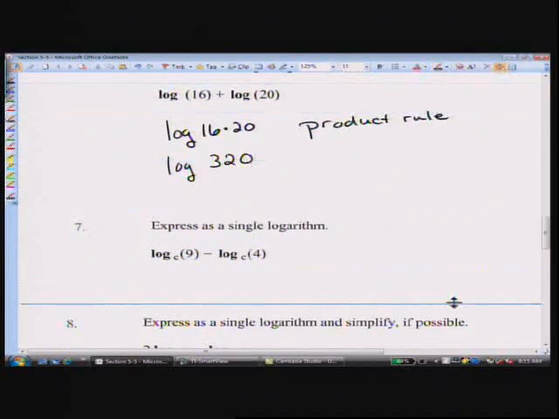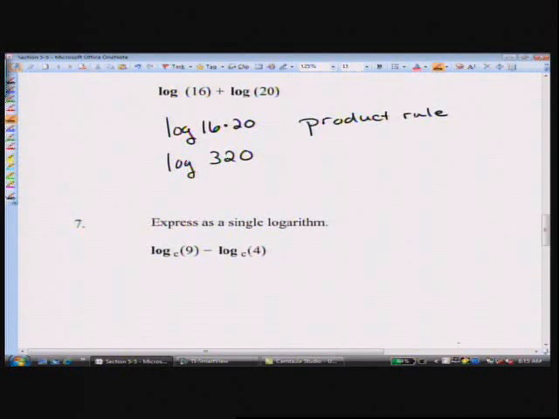Chilton, do you want to help me do number 7? Yes, sir. Negative 36. Log negative 36.